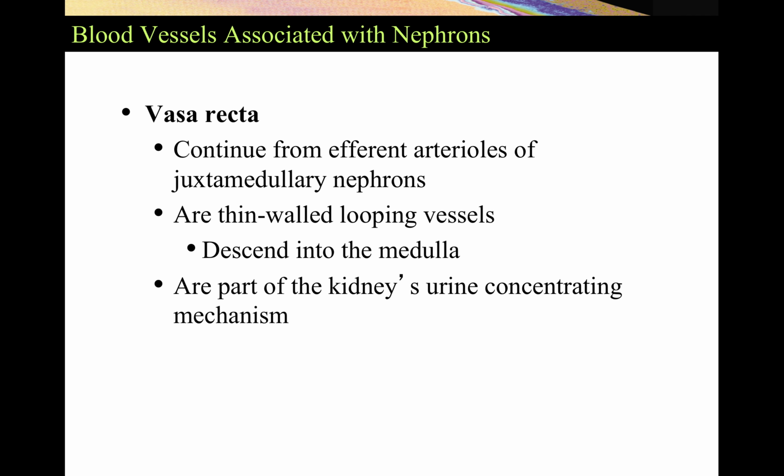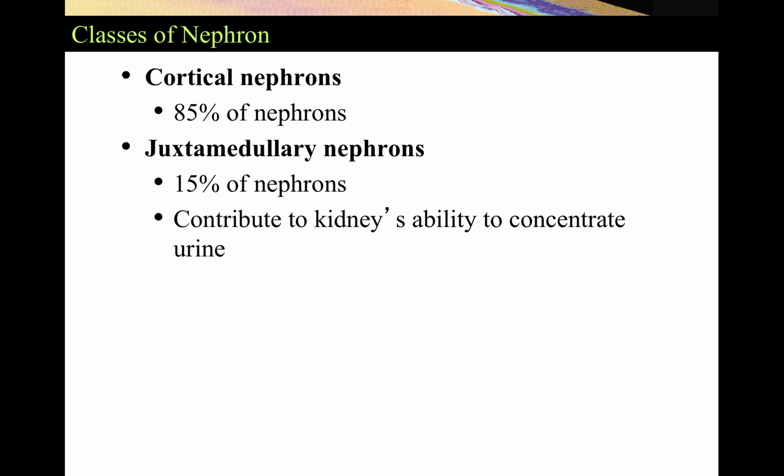I'm going to finish this PowerPoint by going over the two types of nephrons that are present inside your body, and then based on that we're going to categorize the peritubular capillaries and vasa recta to each of these classes of nephron.